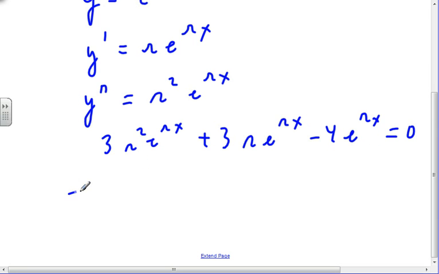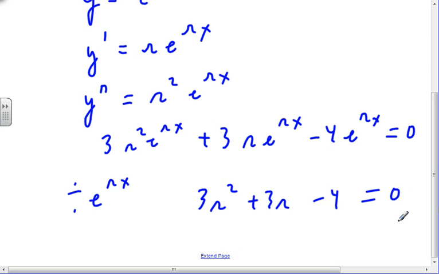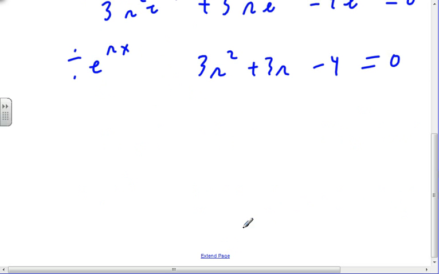So if I divide by e to the rx, then I have 3r squared plus 3r minus 4 is 0. Is that what I have? Yeah, that's what I have. And what do I see? I see a quadratic formula. I wonder if it factors. That'd be good, right?